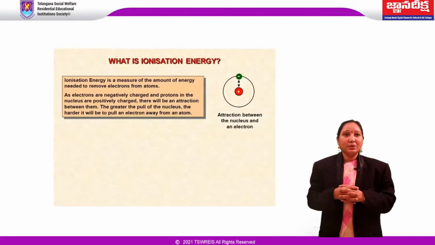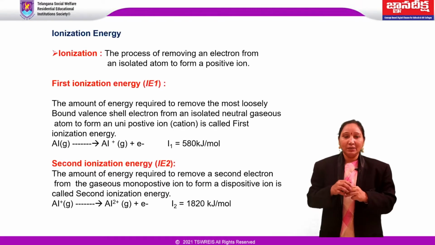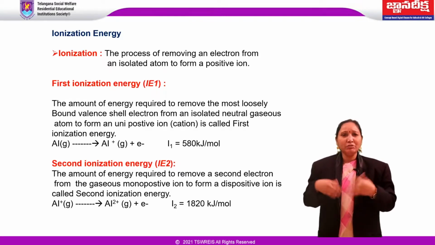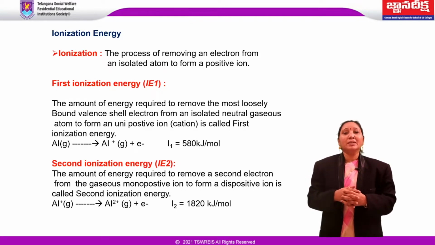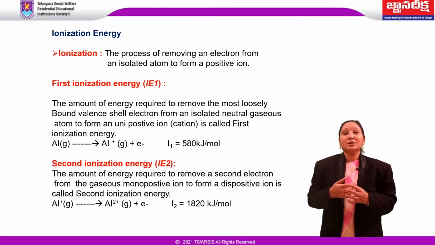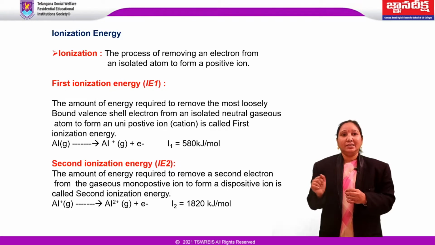The example is aluminium. When an electron is removed from aluminium, it forms an Al plus ion, and here the energy given is 580 kilojoules per mole. If we want to remove another electron from the same element, again we have to give energy, which is termed second ionization energy.